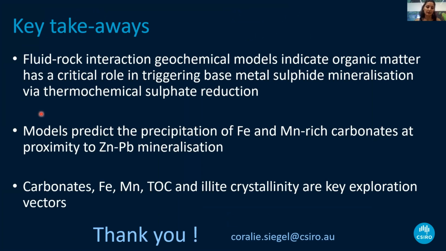And then the key takeaway I'd really like for you to take is the fact that carbonates, iron, manganese, total organic carbon, and illite crystallinity are, I believe, key exploration vectors, and that the coincident presence of organic matter and sulfide mineralization should not be overlooked. I think organic matter has a key role, and it shouldn't be overlooked. Thank you.